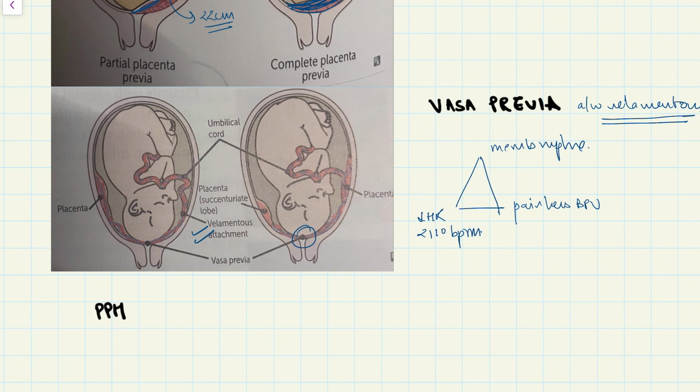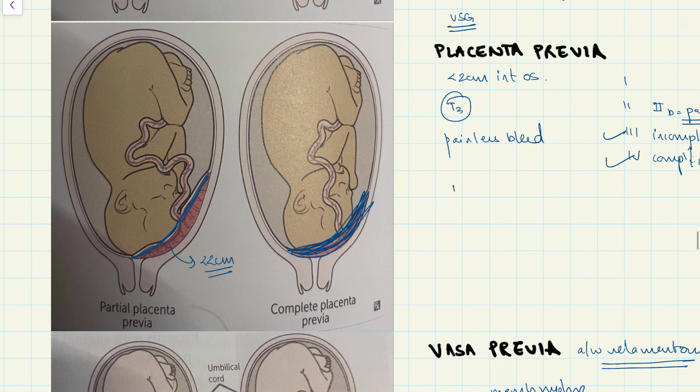So these were all the antepartum complications. One more thing, for vasa previa, the investigation is the APT test, which differentiates between the maternal and the fetal blood. We did this last time, and it is managed by performing an emergency C-section. Right, in placenta previa, if the female is stable, then the McAfee protocol is followed.